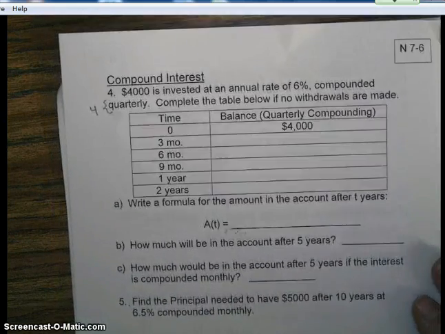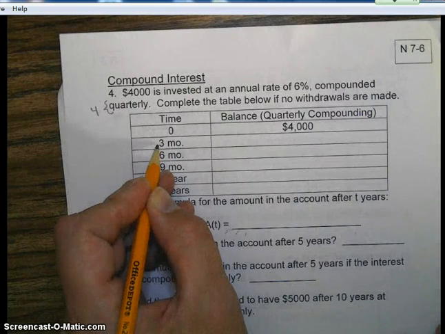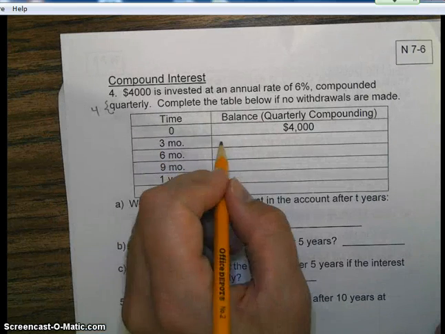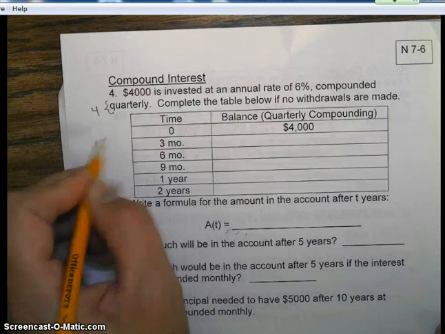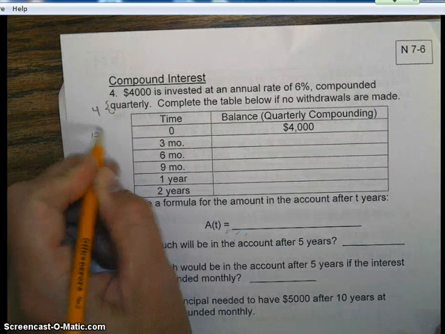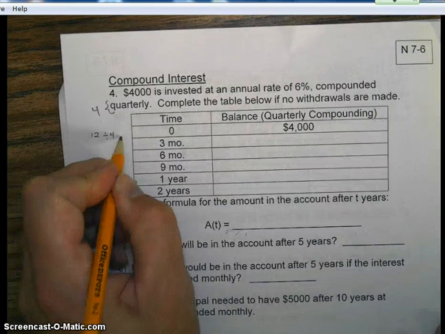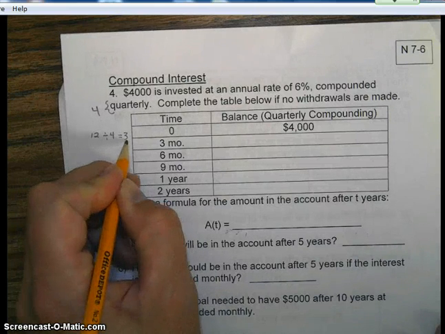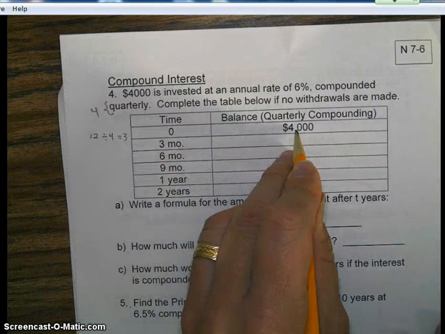You just need to plug in the numbers in the correct locations. So if we're going 3 months, that would be our first quarter, because if we take 12 months in a year, divide that by 4, we get 3. So every 3 months, we're getting some money added on to our 4,000.